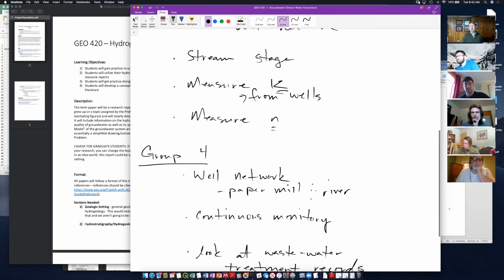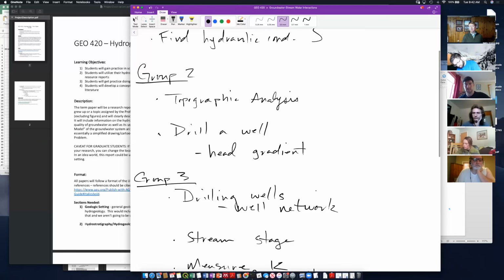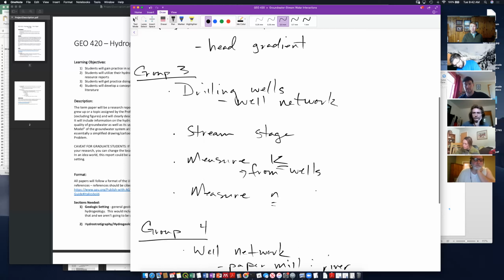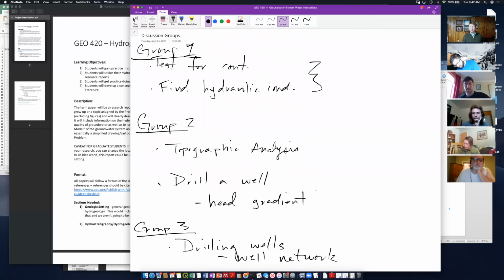Everybody had good ideas and essentially honed in on what we need to do. The first thing we need to do is investigate the difference in head between the groundwater system and the stream water system.